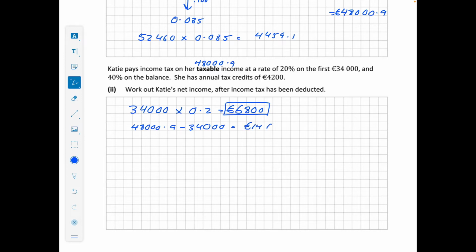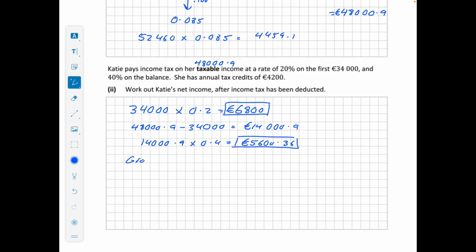So she's earning 14,000.9 over the standard cutoff, so that needs to be taxed at 40%. Okay, so I get out 5,600.36.